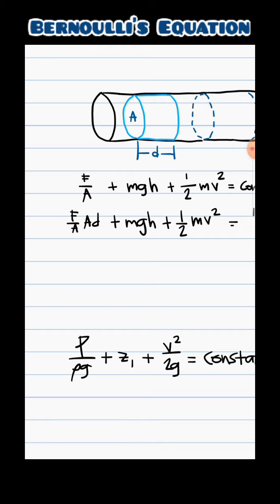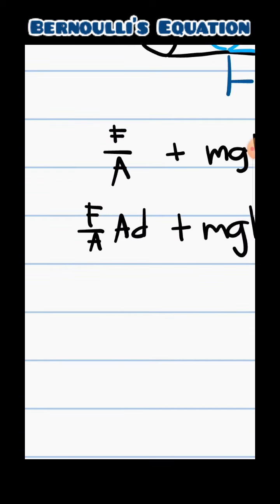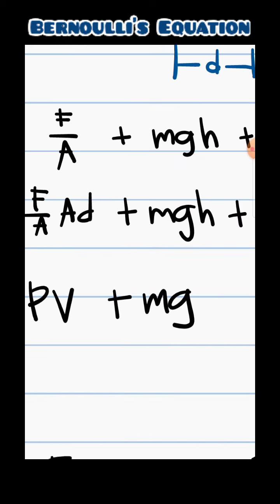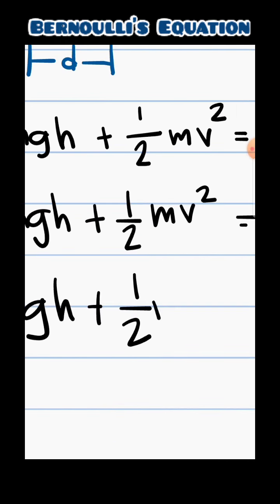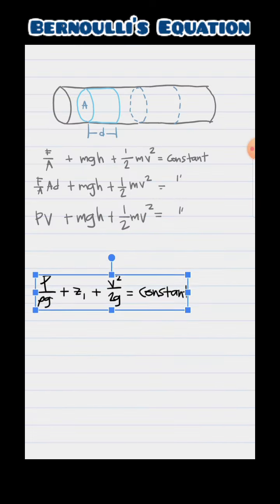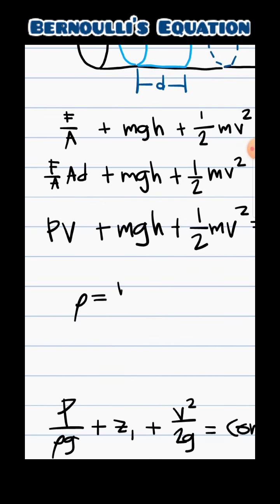Now, what is force over area times d, the height of the fluid? As you can see with this drawing, A times d is basically the volume. So we change F over A to pressure, and Ad to the volume of the fluid moving. We know that density is equal to mass over volume.